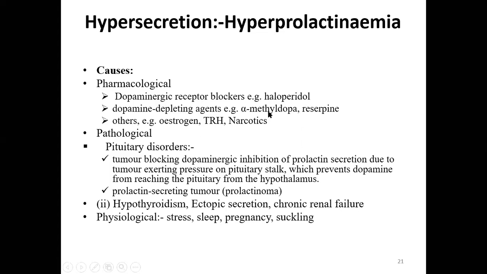But if you give someone alpha methyl-dopa, it is going to inhibit the dopa, so that you don't produce dopamine. And if you don't produce dopamine, dopamine cannot inhibit the prolactin. So you have a lot of prolactin in the system. And some other drugs like estrogen therapy and then narcotics. So these are drugs, pharmacological agents.